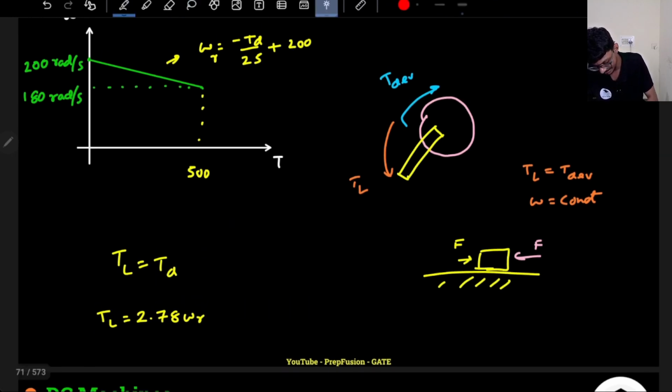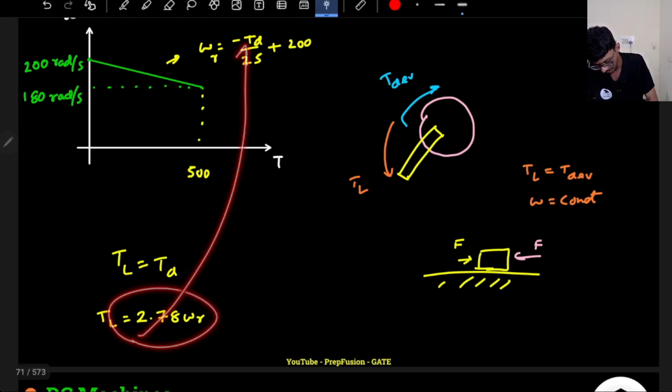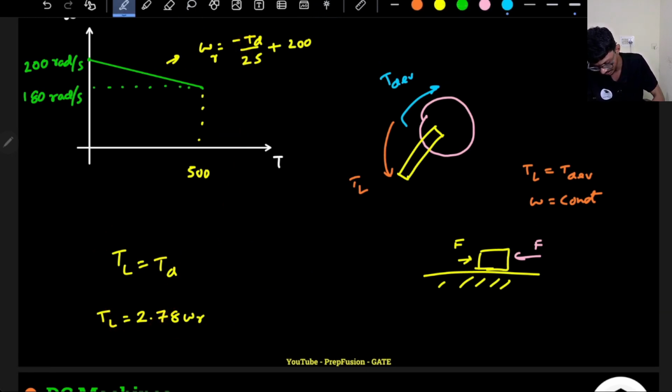So I can replace this TL here, because TL will be equal to TD. So I get the equation omega r equals minus 2.78 omega r divided by 25 plus 200, right?